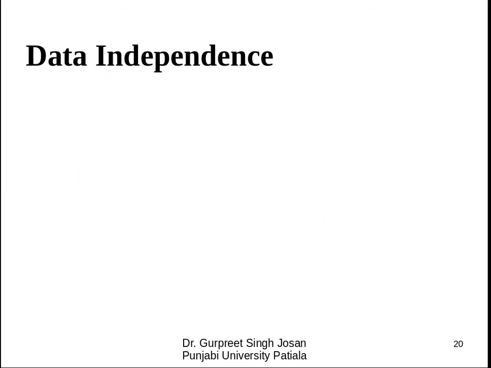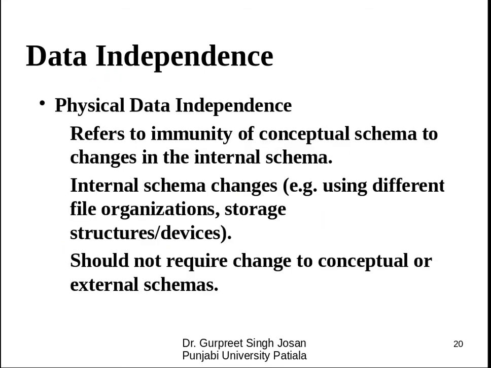Because we have only two levels, accordingly we have two kinds of data independence. One is physical data independence, which refers to the immunity of the conceptual schema to changes in the internal schema. That means if we change the internal schema, the conceptual schema should not be affected.